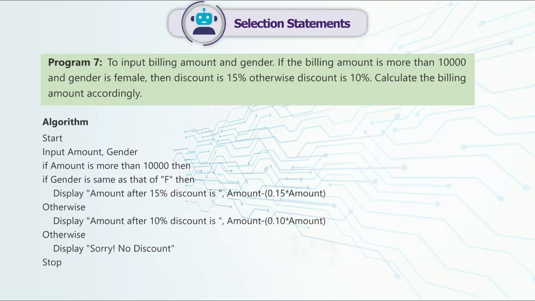If amount is more than 10,000, then if gender is same as F, then display amount after 15% discount is amount minus 0.15 multiplied amount. Otherwise, display amount after 10% discount is amount minus 0.10 multiplied amount. Otherwise, display sorry, no discount.